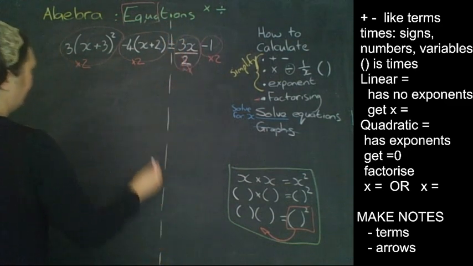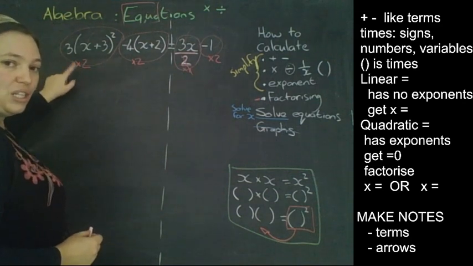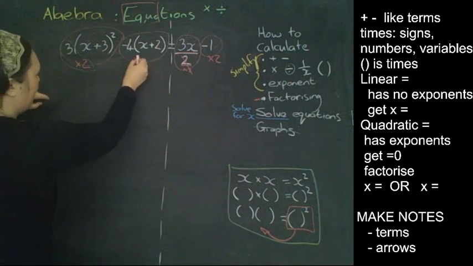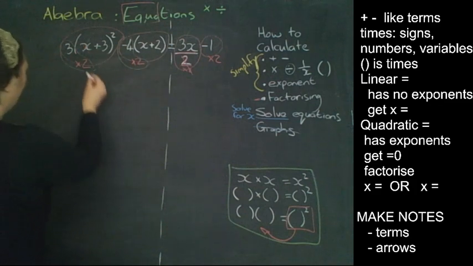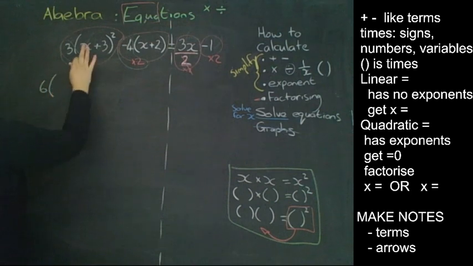So remember here, when we're multiplying these with the brackets, we only multiply it with the first number because we don't want to mess with stuff inside brackets. So here we've got 2 times 3 is 6. And I'm not changing anything with that bracket at the moment.